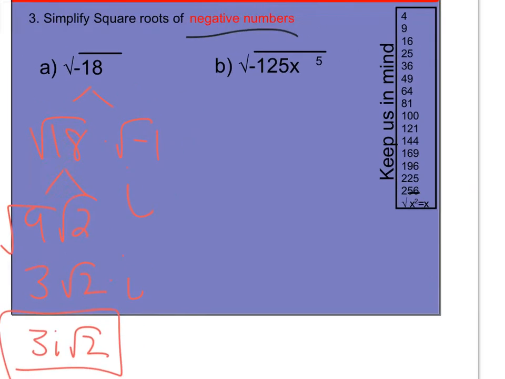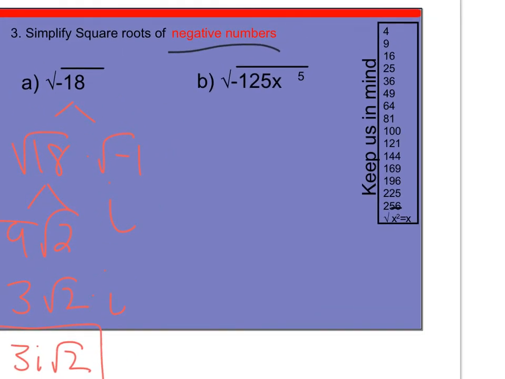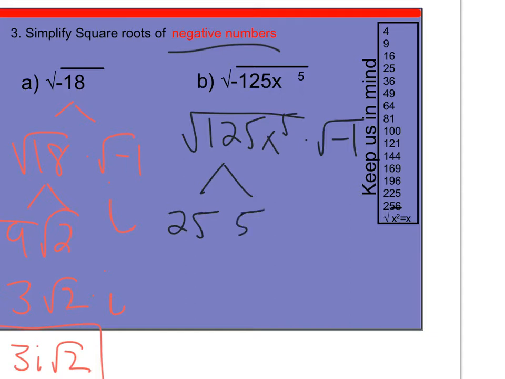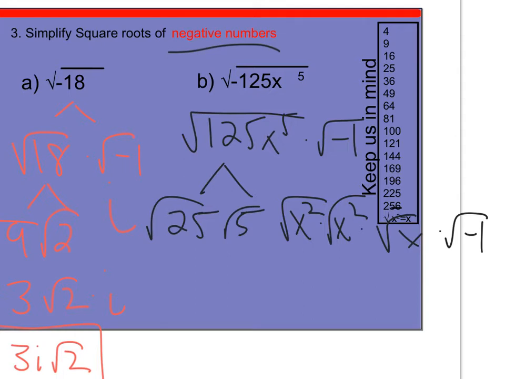Negative 125x to the 5th. So again, I'm going to split. I'm going to go 125x to the 5th times negative 1. 125 is going to be 25 and 5. x to the 5th is going to be, I'm going to go x squared times x, and then I'm going to bring square root of negative 1.